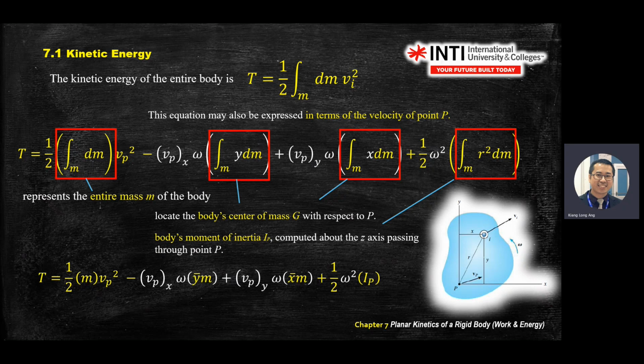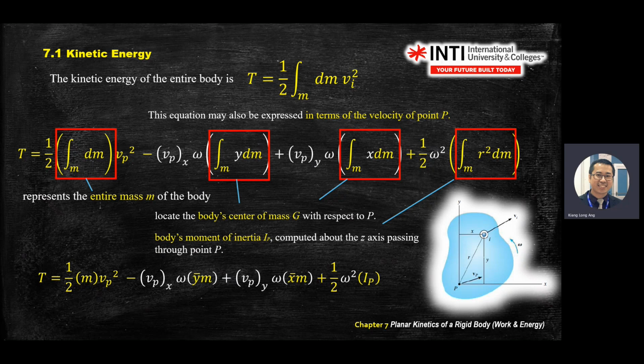So your equation when you deal with rigid body kinetic energy, you have the mass effect, the center of mass effect, so you'll see ym, and half omega squared I. This is the second moment of inertia. So here, what you need to memorize is that for moment of inertia, there's one new equation for you.